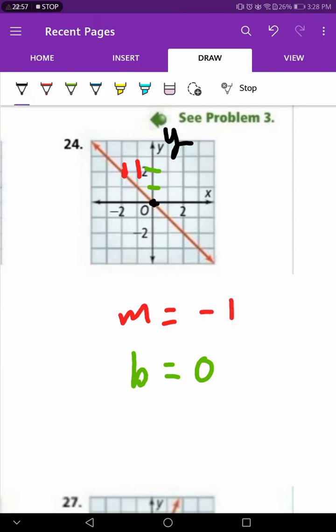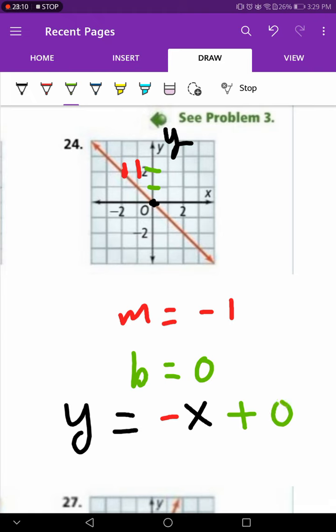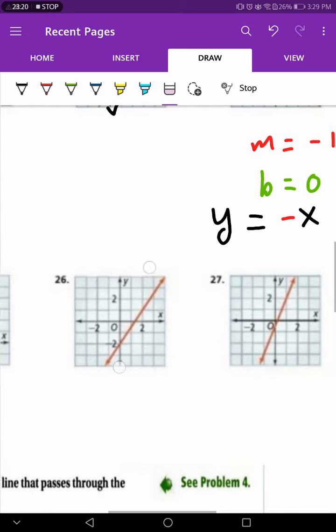Now, as we said, y = mx + b, and here I have negative x plus 0, erase it. So the linear equation for this graph is y equals negative x. Yes, okay.